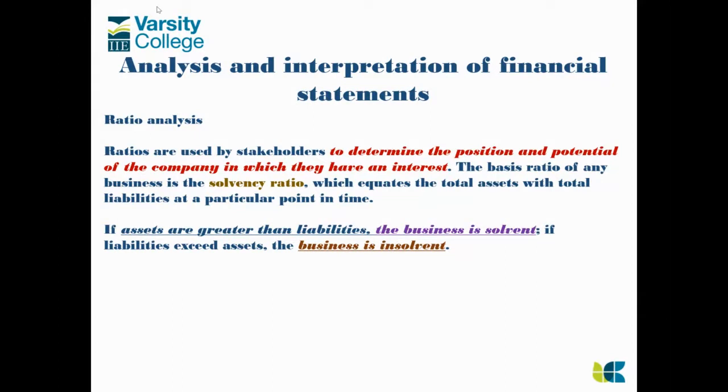If the assets are less than the liabilities, that means that the company is insolvent. It cannot cover its total liabilities. However, if it's the other way around, if its assets are greater than the liabilities, you see this underlined, the business is solvent. It can splash that cash and cover its liabilities, which is a good thing. That's what we want.